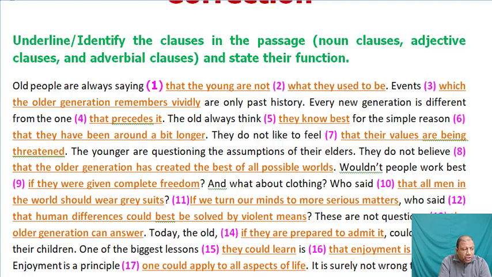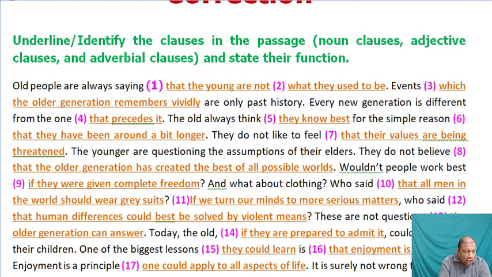Number 10, that all men in the world should wear gray suits. So this is a noun clause because the verb to say is the verb, and what comes after it is a noun clause as direct object. 11, if we turn our minds to more serious matters. So this is an adverbial clause of condition. 12, that human differences could best be solved by violent means. This is a noun clause as direct object.